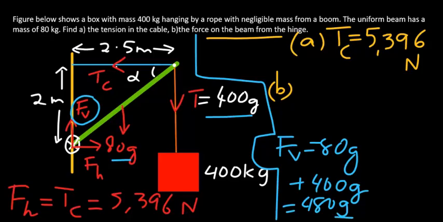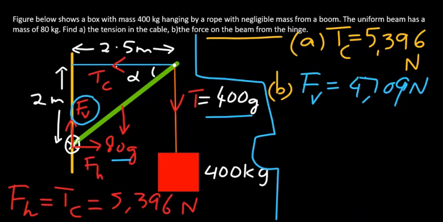Taking G to be 9.81, you see that Fv is 4,709 newtons.